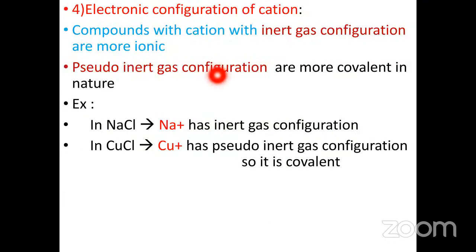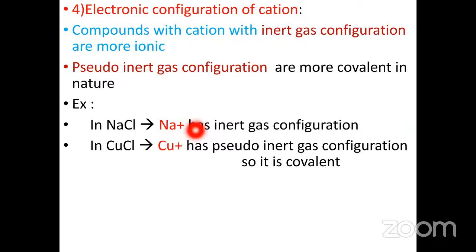Next, electronic configuration of cation. Already we discussed the electronic configurations in the factors favorable for the formation of cation. I hope you remember. Compounds with cations having inert gas configuration are more ionic. Yes. The pseudo inert gas configuration compounds are more covalent in nature. Already we discussed this point.